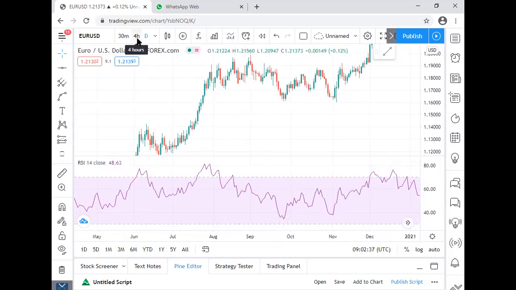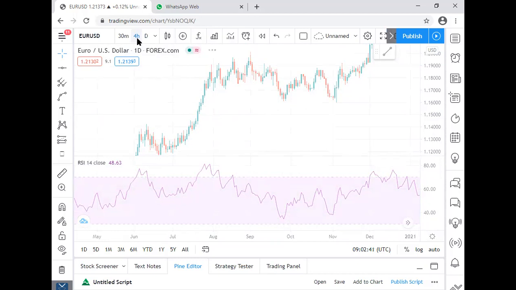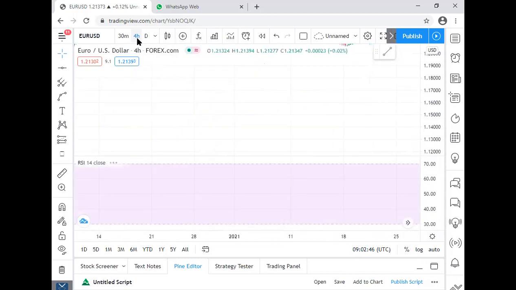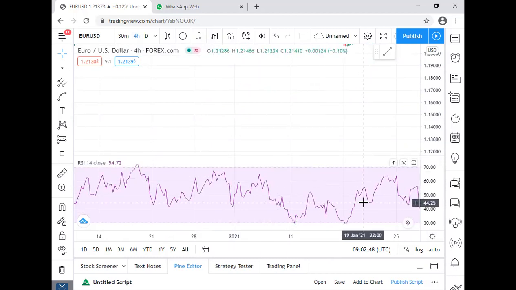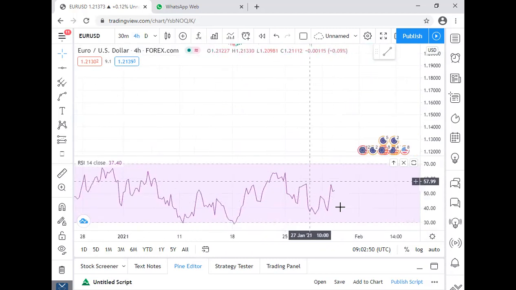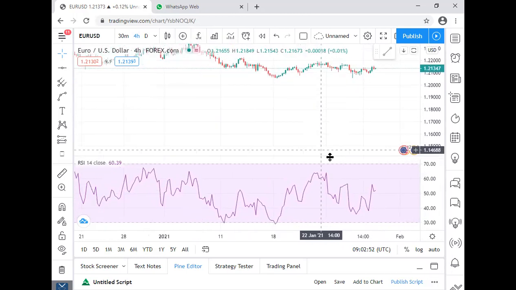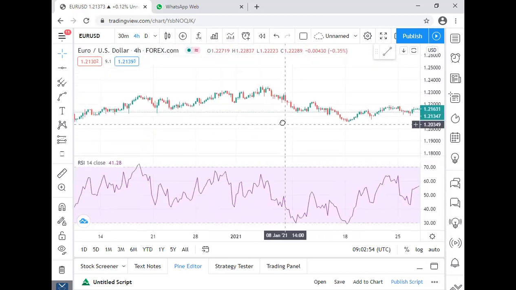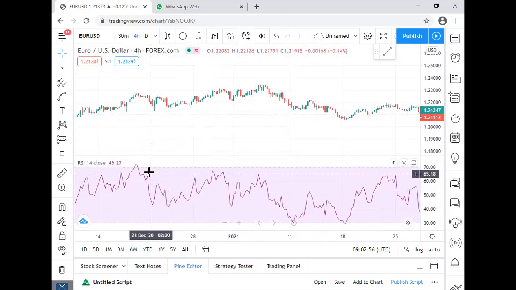Let me use the forward chart, because that is what I actually use for my analysis most times. So I expect you guys to also do this, unless you want to be positional traders or maybe swing traders.